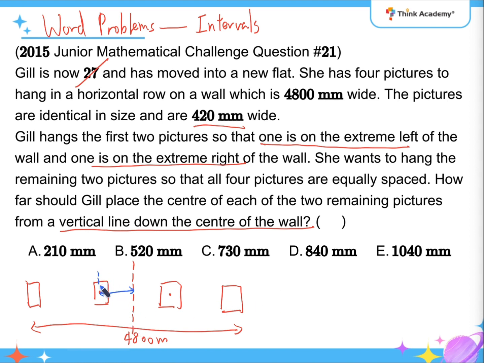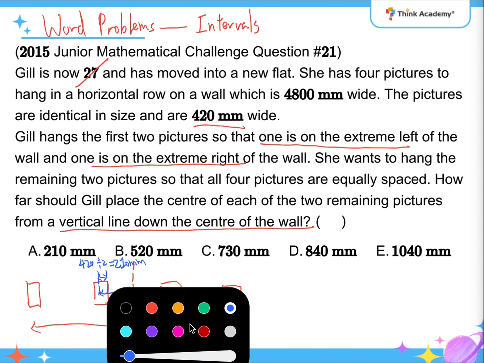So for the distance between the center of the painting to the edge of the painting, we can find it by the width of the painting divided by 2, because that's going to be half of it, right? So it will be 210 millimeters. All right.